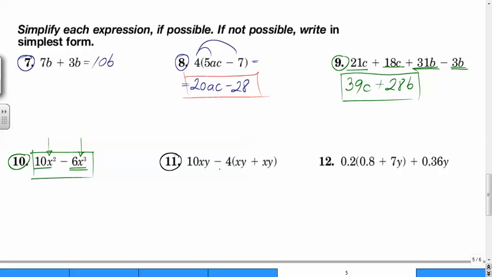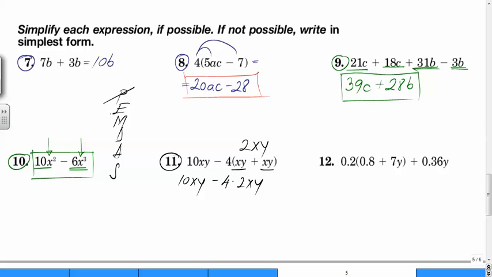10xy minus 4 times xy plus xy. Well, let's start with the parentheses, right? Because we need to follow PEMDAS, even when you simplify an algebraic expression. Well, xy plus xy gives me 2xy. Okay, so your expression would be 10xy minus 4 times 2xy.